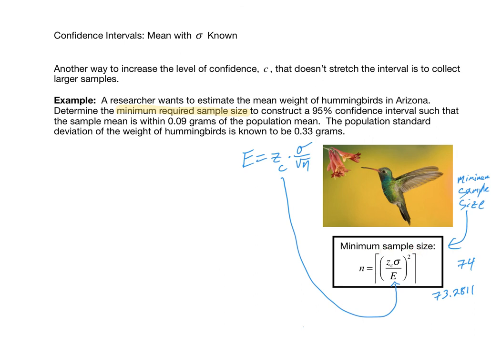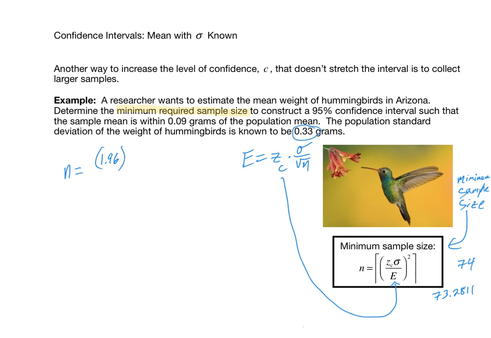So let's actually do the computation over here and see how the ceiling function applies again. We've got our sample size that we're looking for, n, is equal to Z sub C, where C is a 95% confidence level. If you refer to your critical values table in the formula sheet, you'll see Z sub 0.95 is 1.96. So we have 1.96 times sigma.